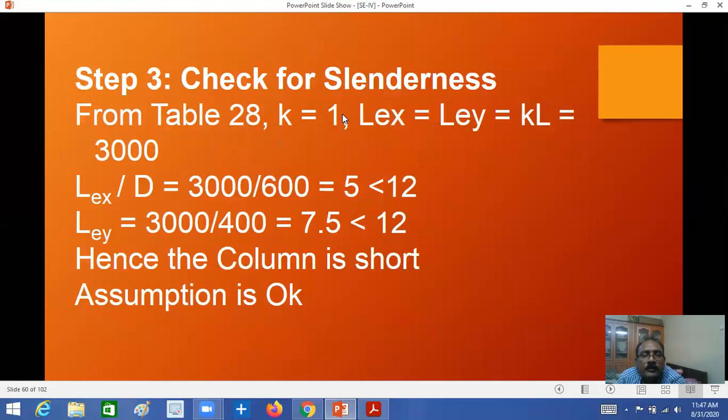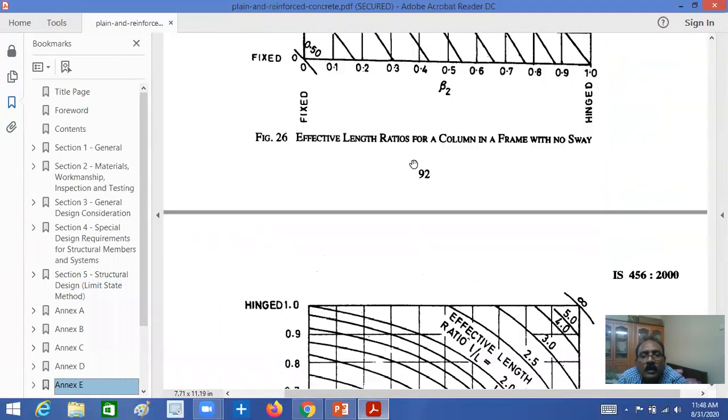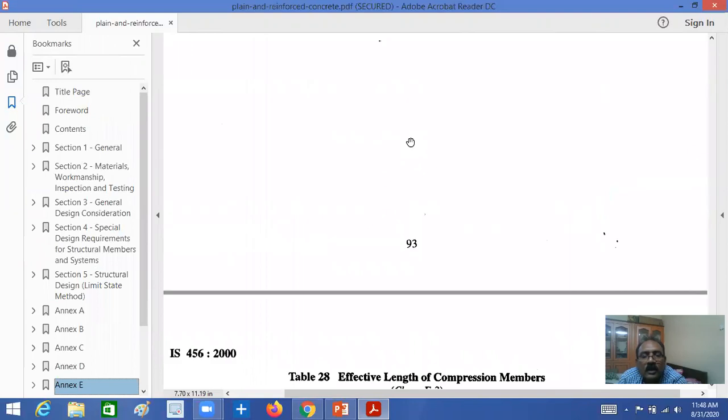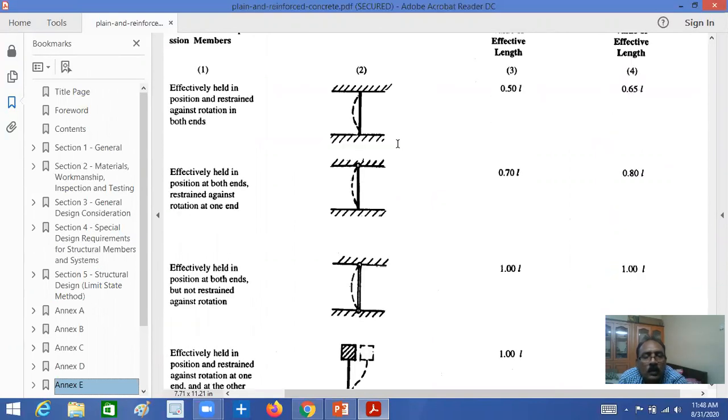Now, if you see, check for slenderness with K equal to 1, as I explained. If you go for Annex E and see this table and this condition, you check the first condition, effectively held in position and restrained against rotation, both, and this is not. No, so the given problem is effectively held in position at both ends but not restrained against rotation.